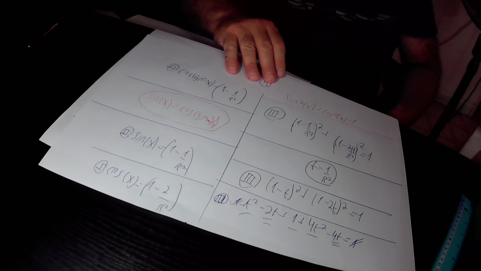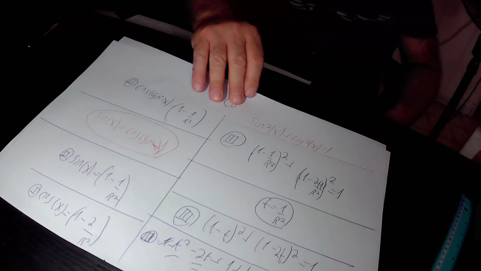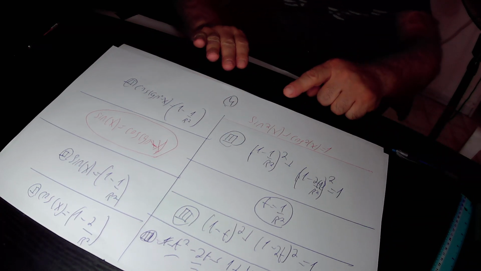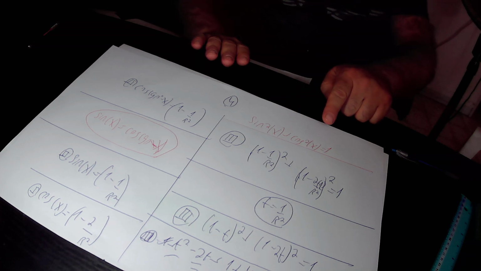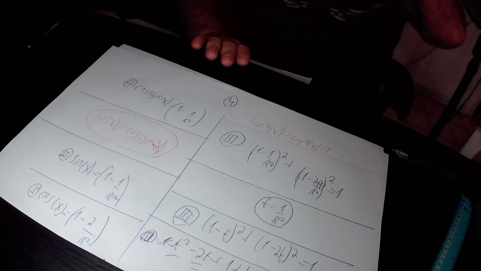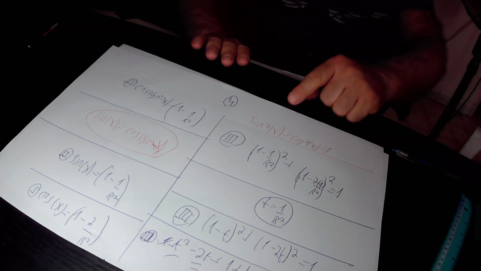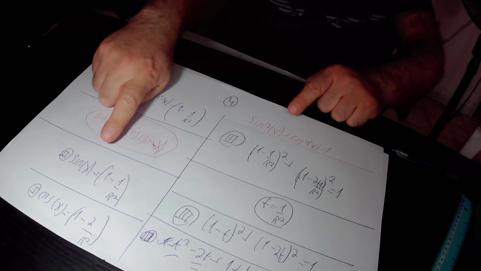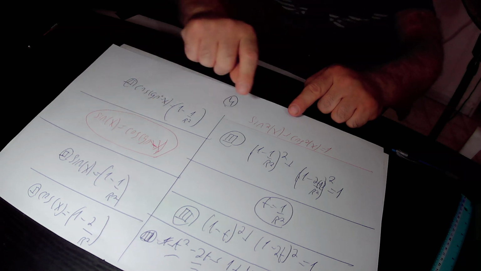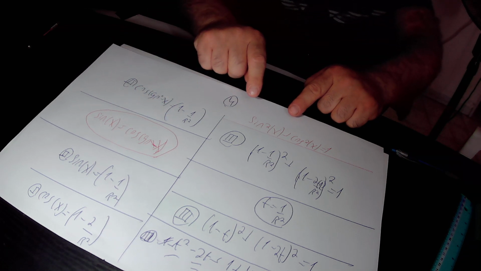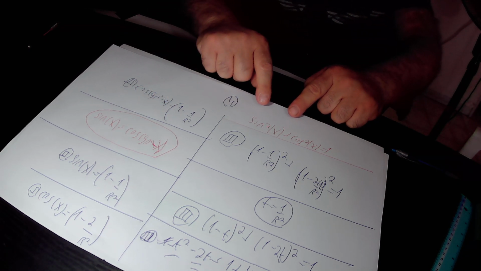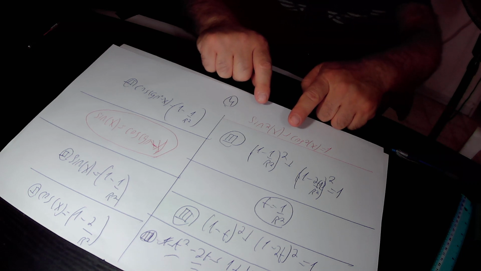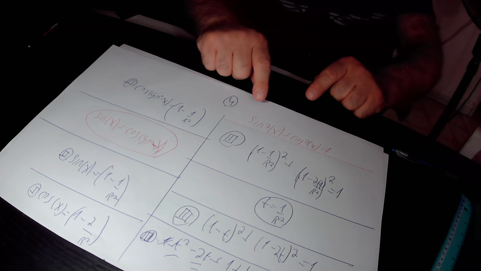Now we use the trigonometric identity that states that sine squared x plus cosine squared x equals 1. And we know that according to equation 2, sine x equals 1 minus 1 over r squared. If sine x equals 1 minus 1 over r squared, it means that sine squared x will be equal to (1 minus 1 over r squared) squared.